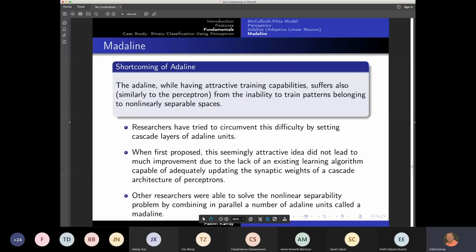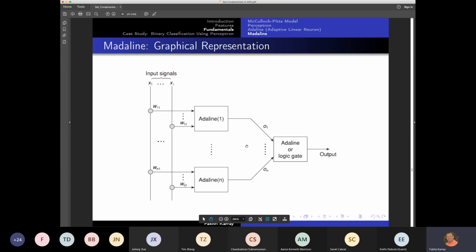They have tried to create multi-Adaline units, and they call them Madaline units. How do they do that? Basically they create Adaline 1, Adaline 2, Adaline N, and then they concatenate all of these Adalines that are trained with various particular weights, and then utilize a certain type of logic gate to provide a certain type of output.